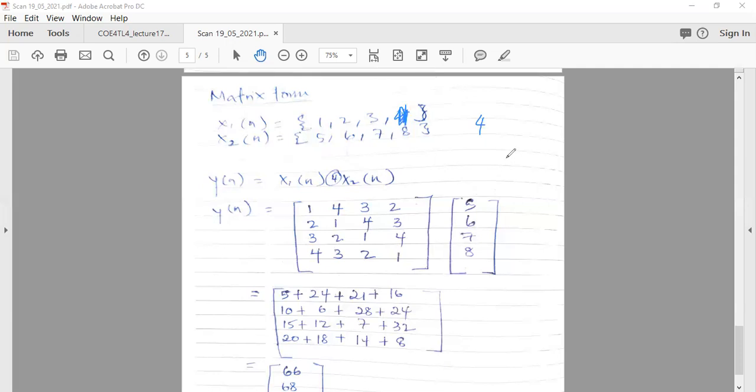So what you do is, the sequence that is short of a digit, we pad it with 0. So if the sequence was 1, 2, and 3, with no other digit after this, the size of this was 3. The second sequence was of size 4, and we need to find the 4-point circular convolution.